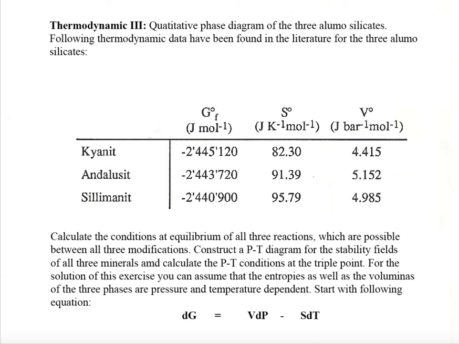For this I found the following thermodynamic data in the literature for kyanite, andalusite and sillimanite. We have the value of the Gibbs free energy at standard conditions for kyanite, andalusite, and sillimanite.